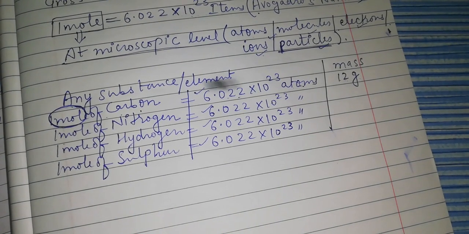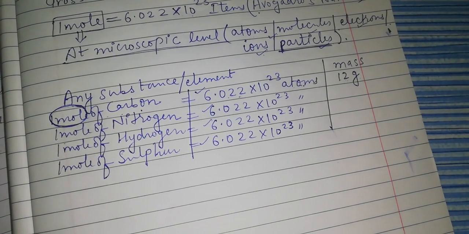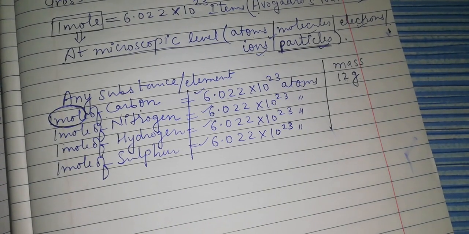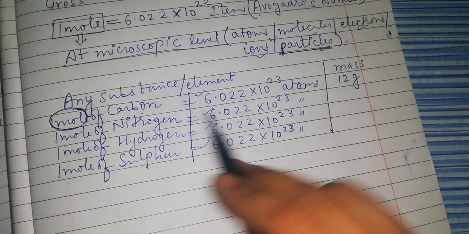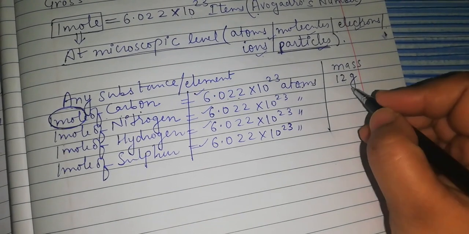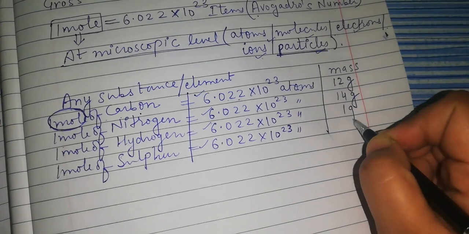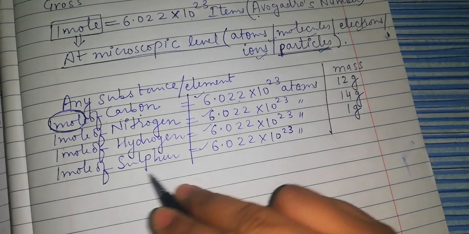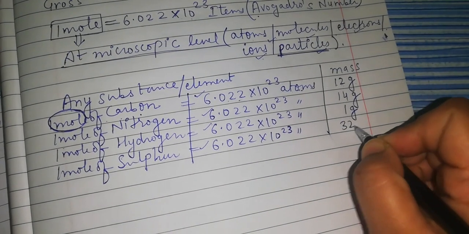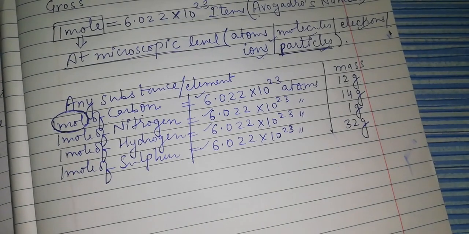Through that instrument we can measure the mass of any element. 1 mole of nitrogen will weigh 14 gram. 1 mole of hydrogen will weigh approximately 1 gram. 1 mole of sulfur will weigh approximately 32 gram.